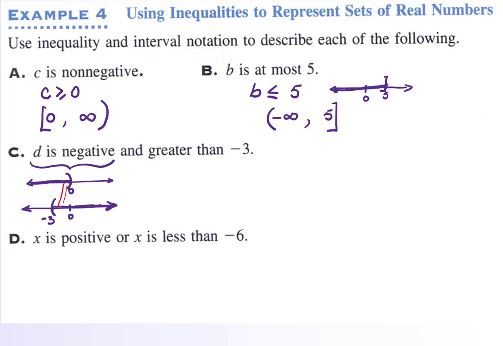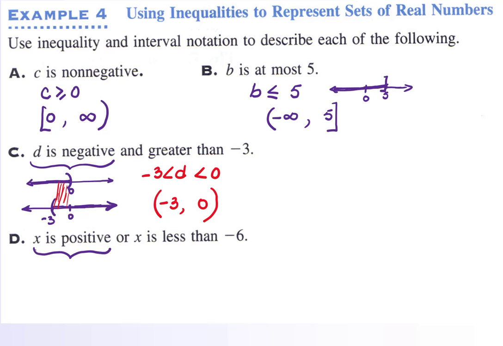Because of and, we have to take the values in between because it has to satisfy both conditions. Therefore, D is strictly between negative 3 and 0. Open parenthesis at negative 3, comma, 0, close parenthesis.